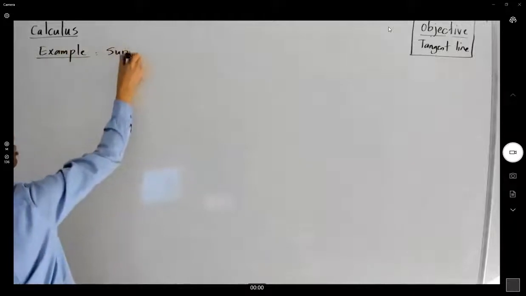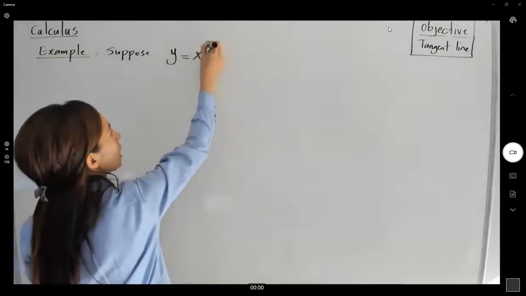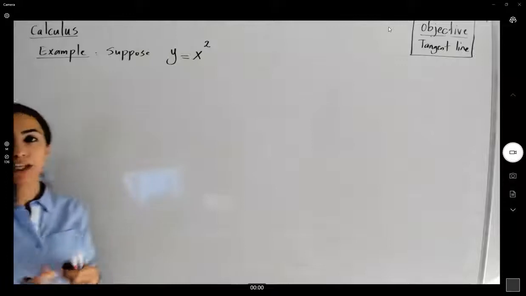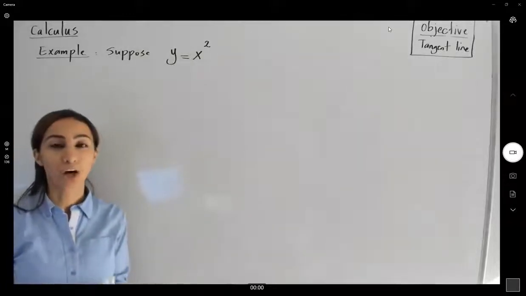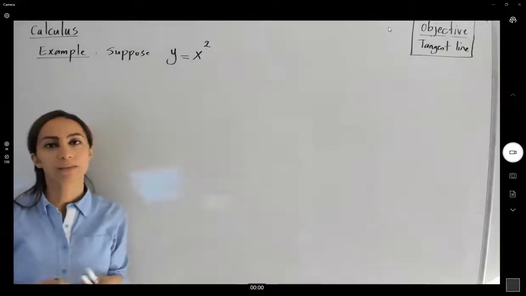Suppose we have a function y equals x squared. Well, I'm interested in finding an equation of tangent line to the graph of this function at a given point.